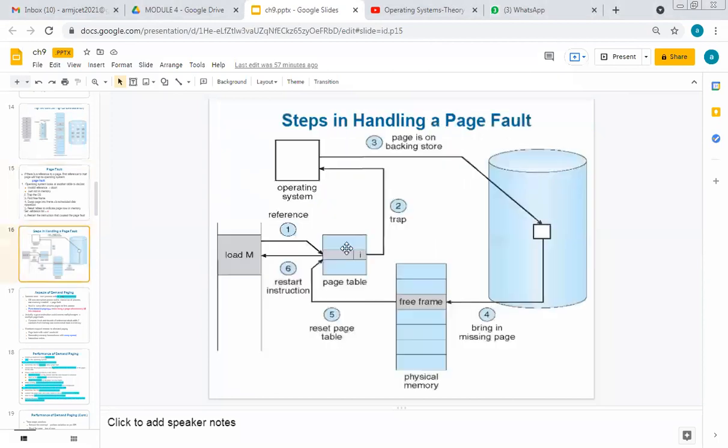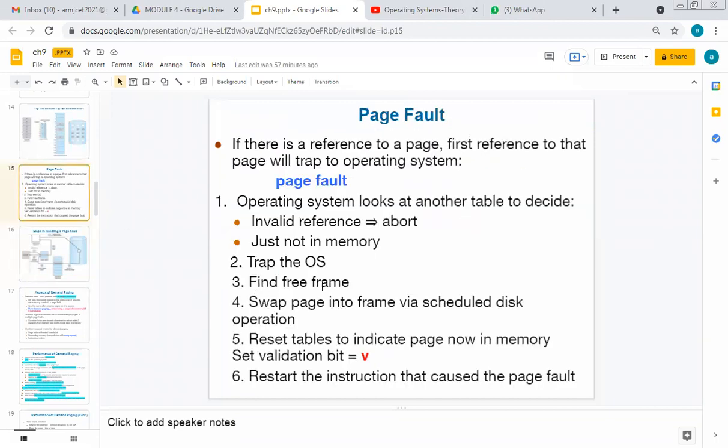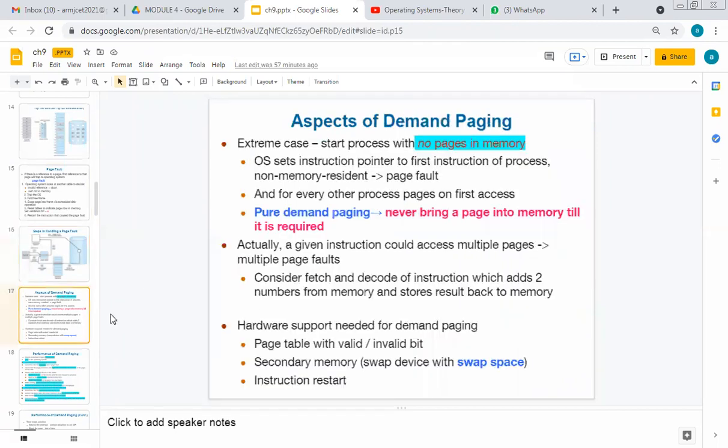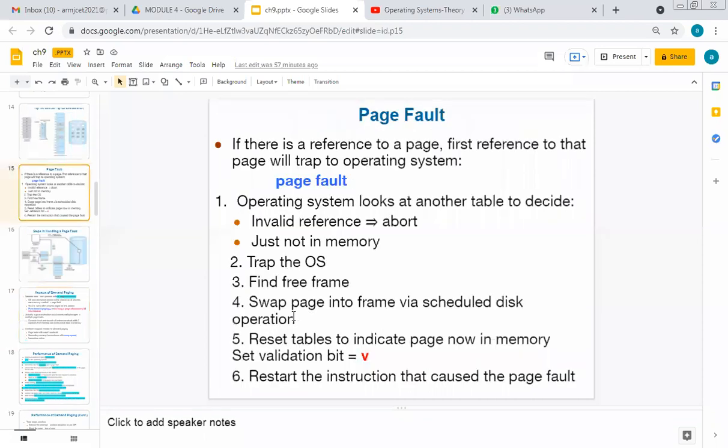I hope you can see. Inform the OS. Third, search for the page in the storage. You can see here, find the frame. So you have found the frame. Next, bring that frame onto the frame table. Swap the page into the disk.